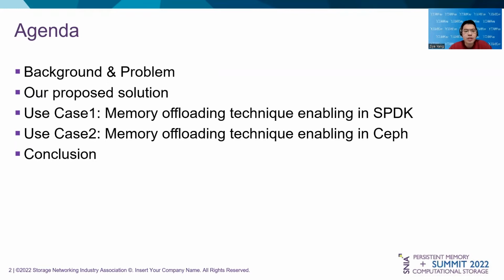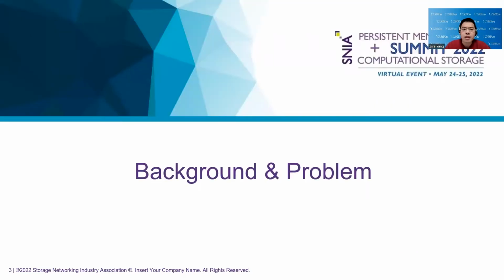In the first use case, we will describe how to enable the hardware-based memory offloading technique in Storage Performance Development Kit. Then we will introduce how to enable the hardware-based memory offloading technique in Ceph. Finally, we will have a conclusion. Here comes the background and the problem.